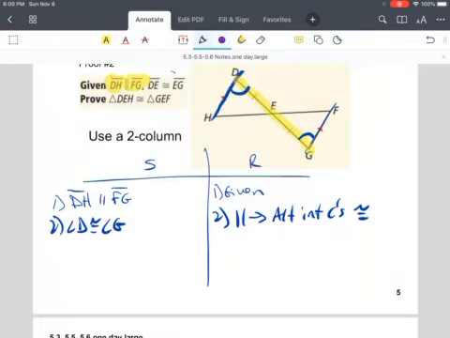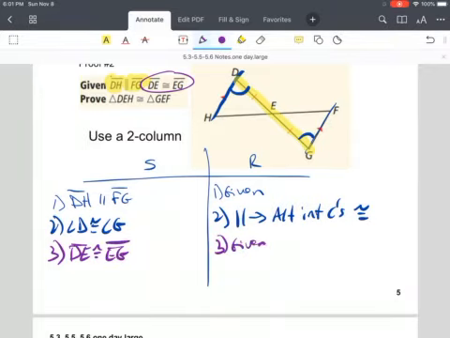I'm then going to use my next given, the fact that DE is congruent to EG. And then something else that I can take from the diagram is the fact that I have vertical angles. So I can say 1 and 2 are congruent.